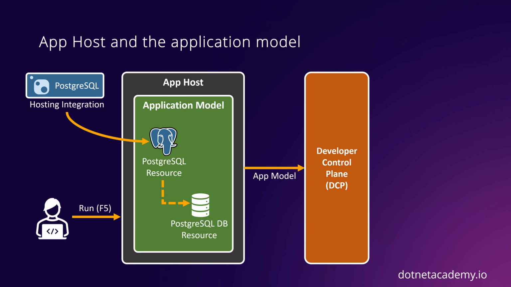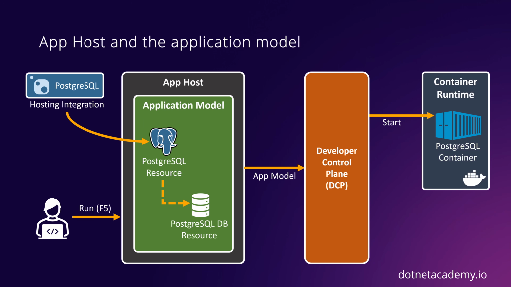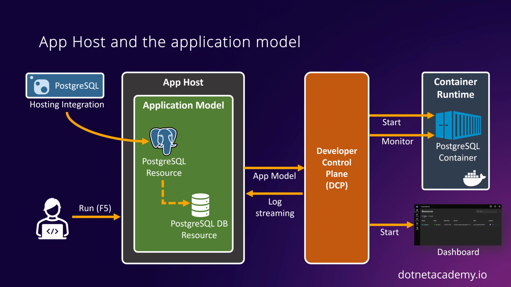Since our application model declares a PostgreSQL resource, DCP will start a PostgreSQL container, not by itself, but by delegating this task to a container runtime like Docker. The DCP will then monitor this and any other resource to provide both resource change notifications and log streaming back to the AppHost.